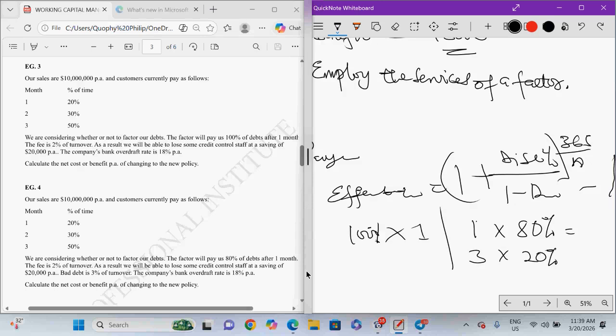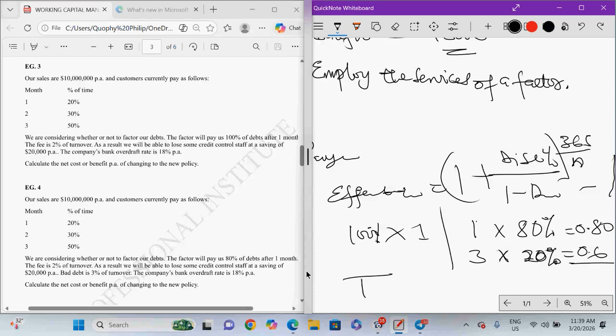So if you multiply this, what are you getting? 0.8, right? What are you getting for this? 0.6. So if you add the two, you get the month.